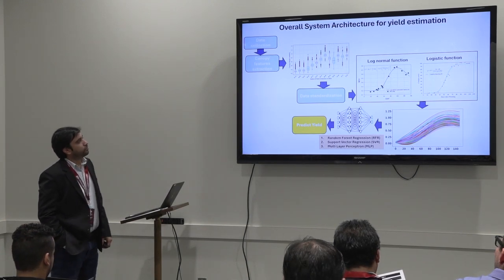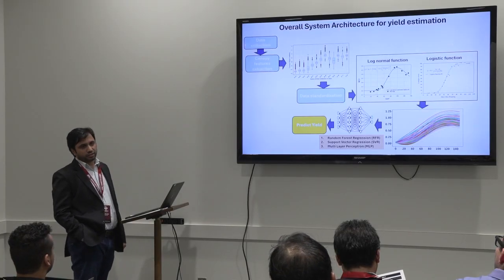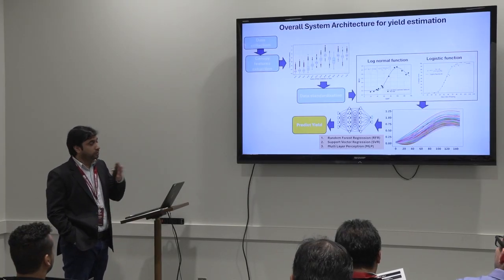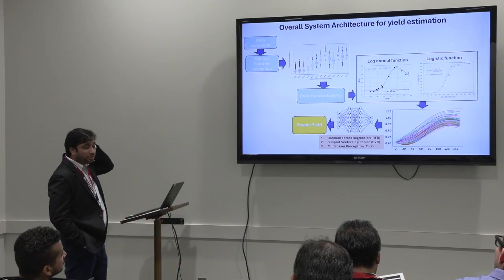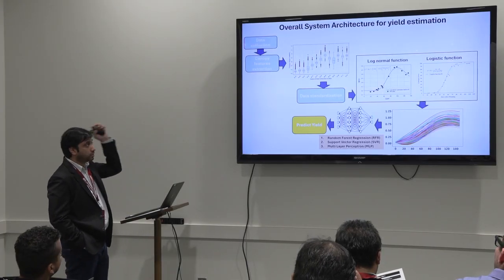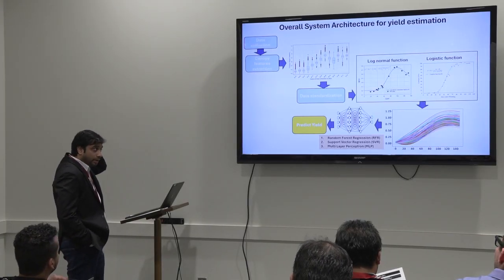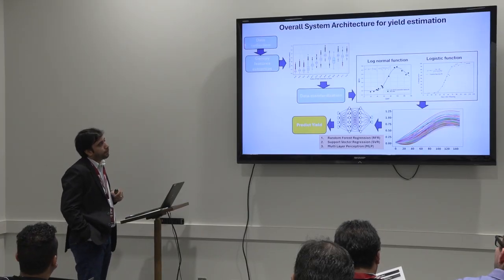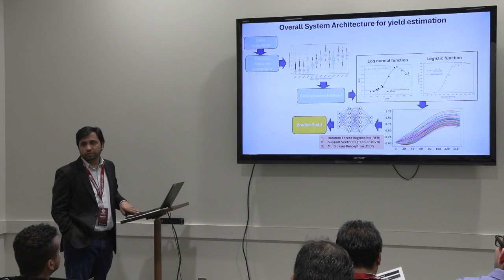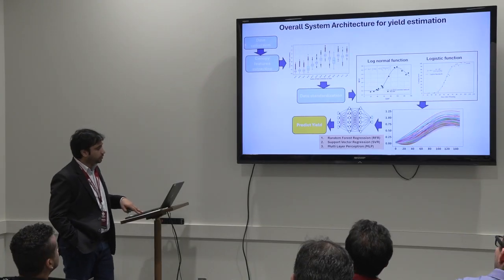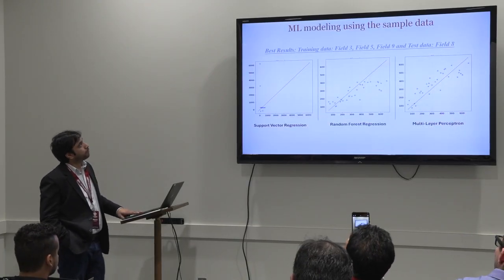So the best way is to interpolate and develop a continuous time series data set. We try to use log normal, polynomial, or logistic functions, depending on the variables. Once it is continuous, we try to train the models. I'm going to talk a little more about that later.